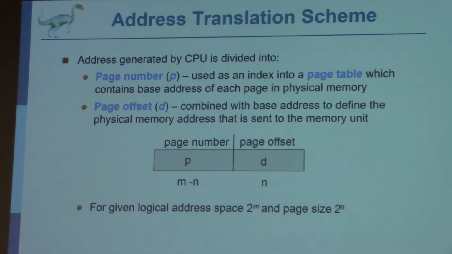So 9 bits are used for the offset. Then how many bits are used for the page number in the 16-bit processor? 16 minus 9, 7. So 2 to the power of 7 is the maximum number of pages.